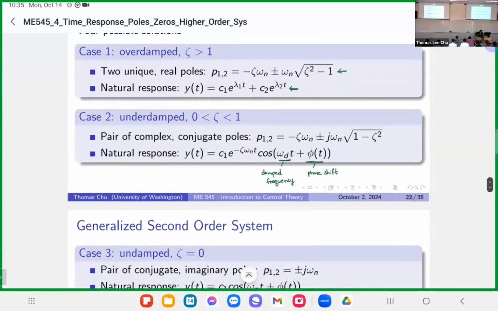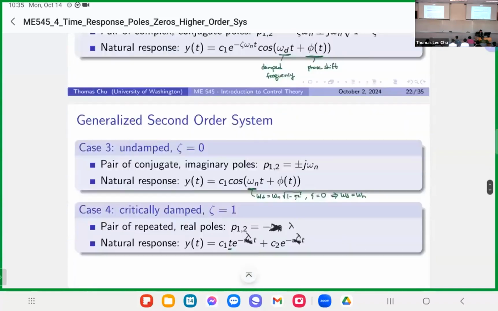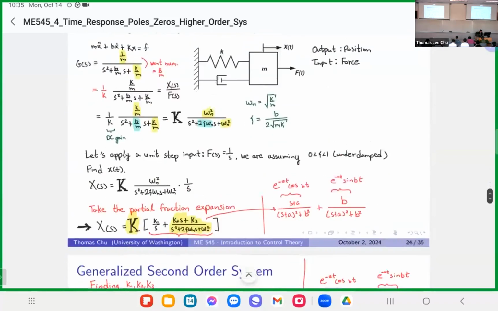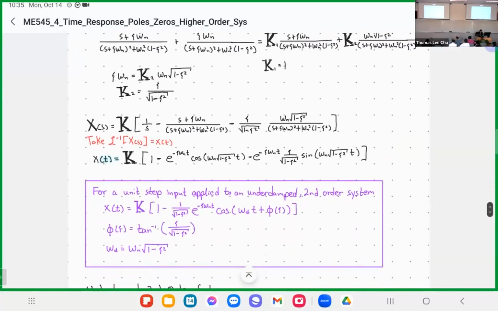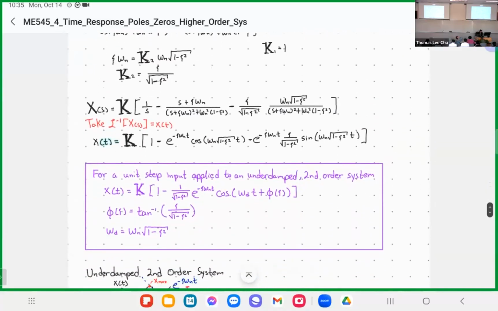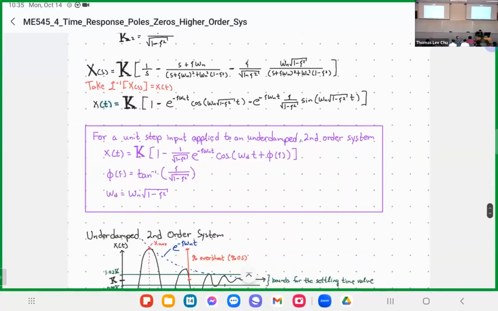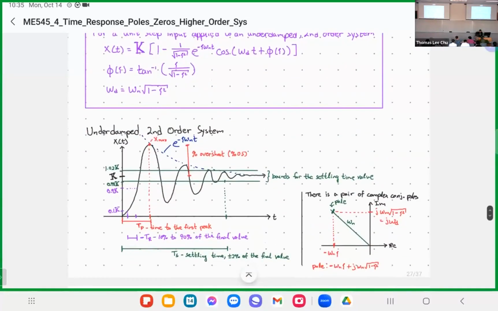And then there are 4 different cases for second order system response. And we derived the general solution for a step input for a second order system that is underdamped here, which is in purple. And then we defined the performance criteria of it.